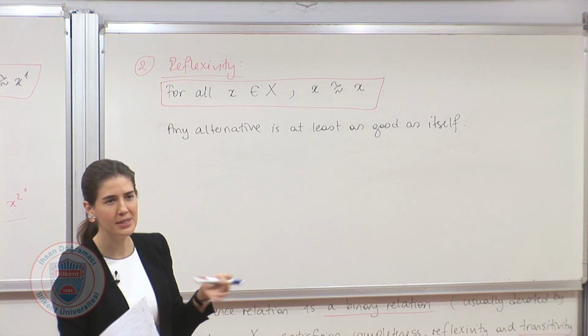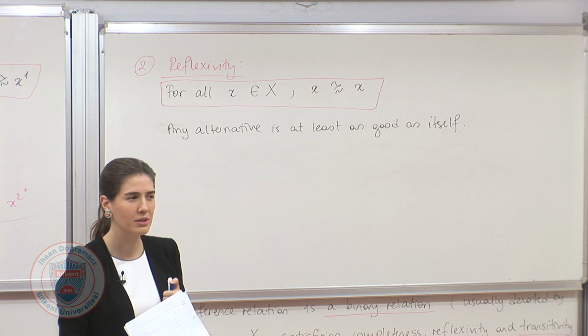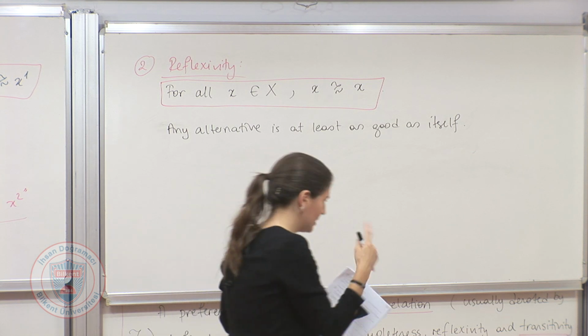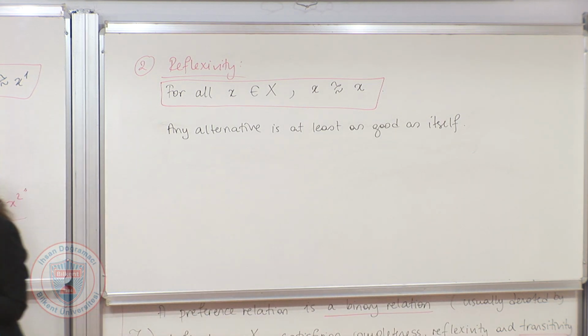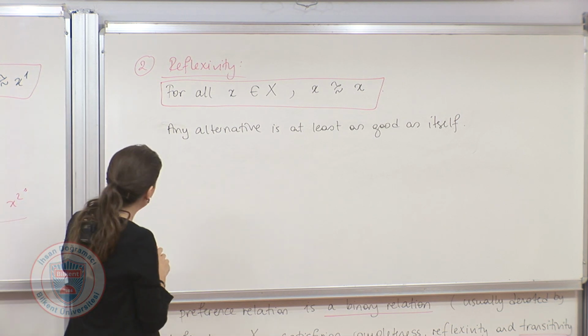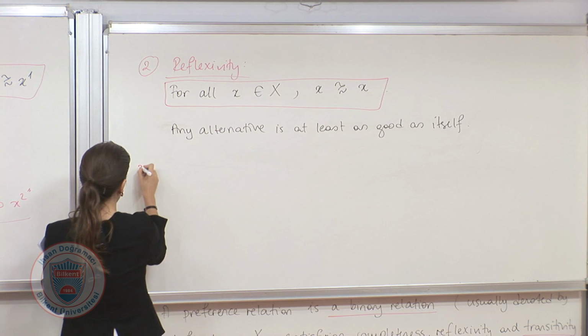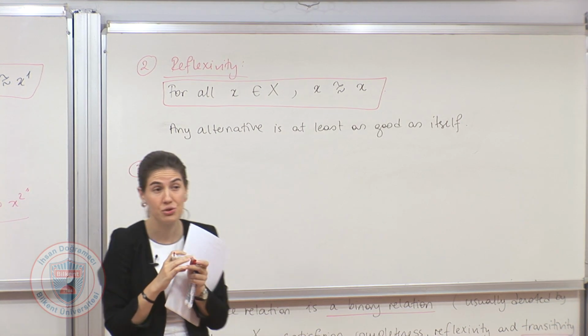As your friend was saying, any subset is a subset of itself, so any set is a subset of itself, that's the better way of saying it. So going to a movie is at least as good as going to a movie, right? Otherwise, things would be really weird. So this is the second property that a preference relation should satisfy.